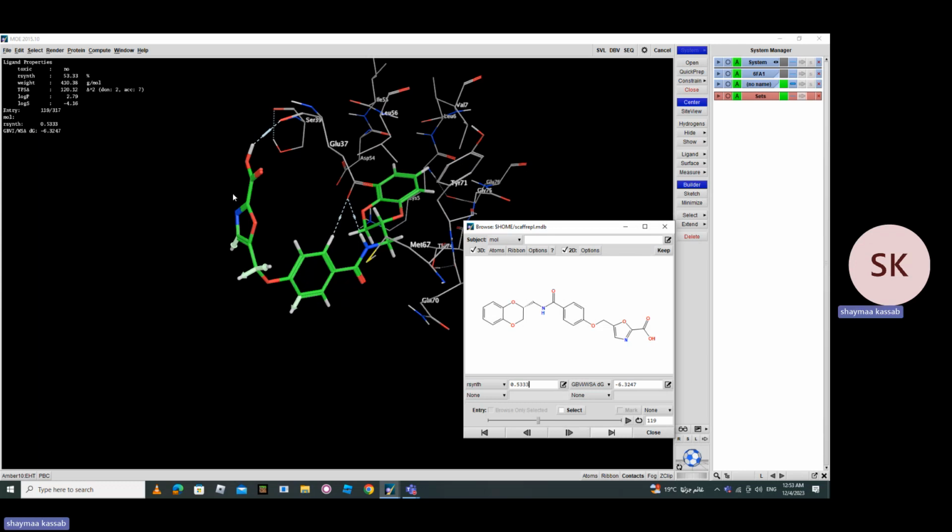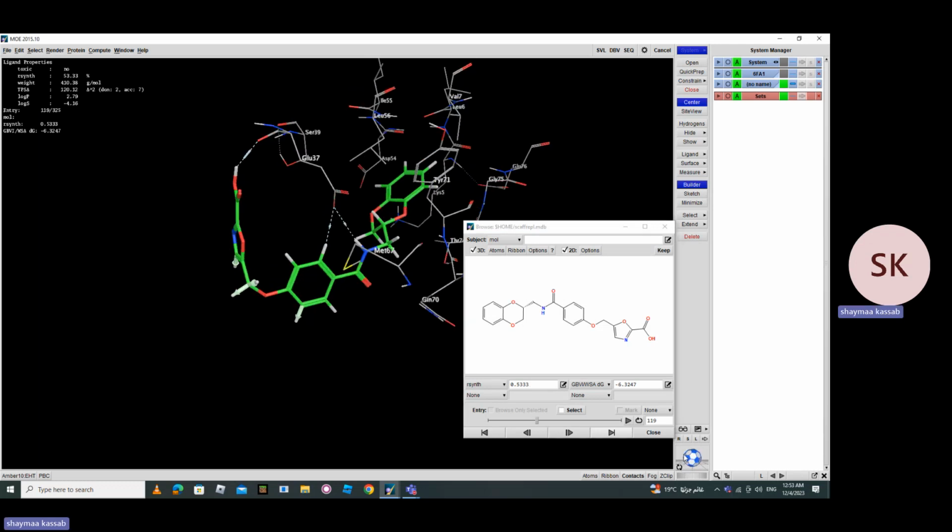Yeah, here this is the best conformer because, as you see, it's much stronger than the original structure. It's the hydrogen bond formed with glutamic acid 37 with the original ligand. This compound is very nice.